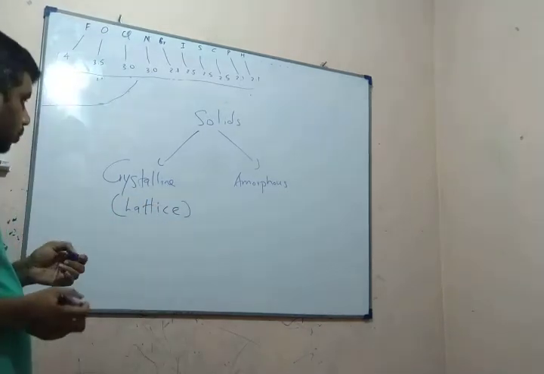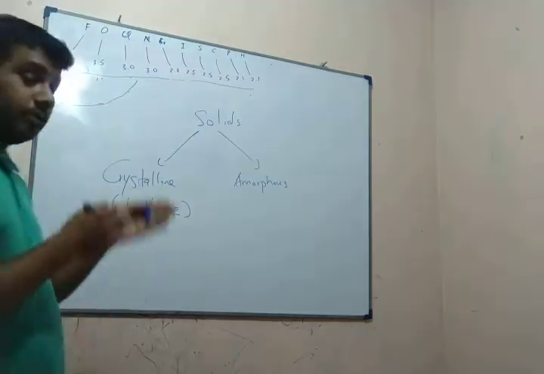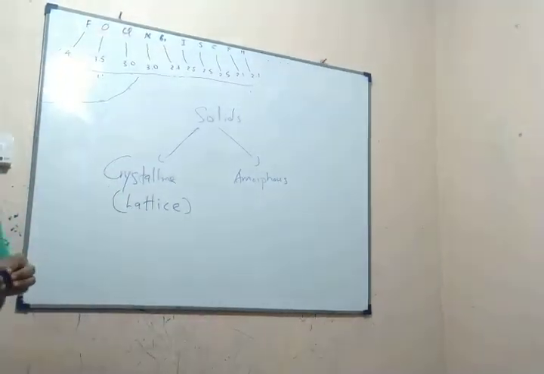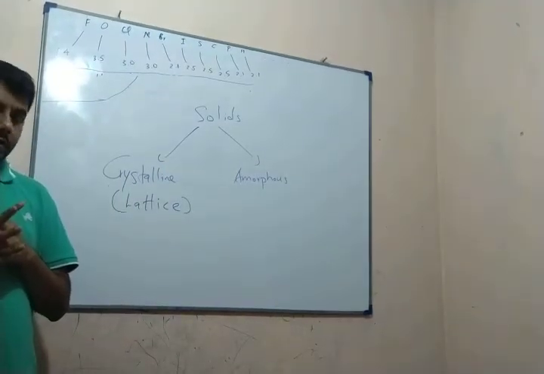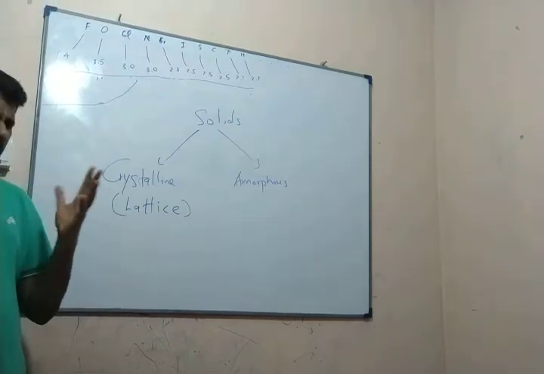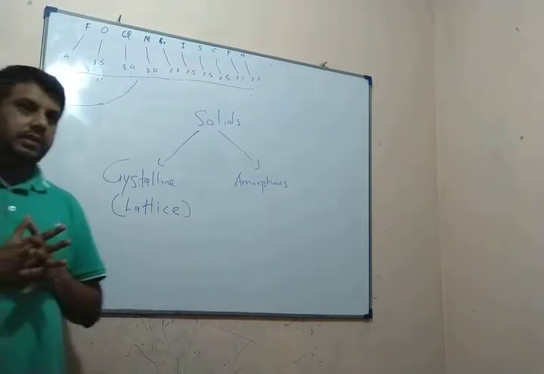What's the difference between crystalline solid and amorphous solid? Crystalline solid means that the solid has a regular pattern. Normally, all matter is composed of fundamental particles.